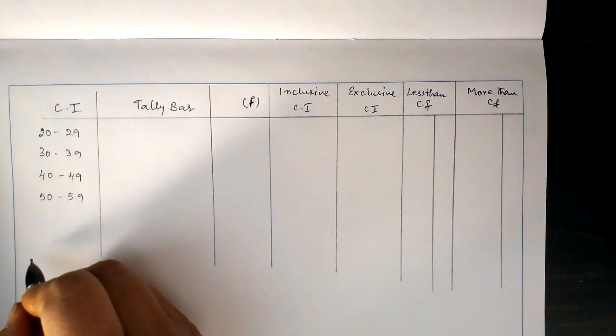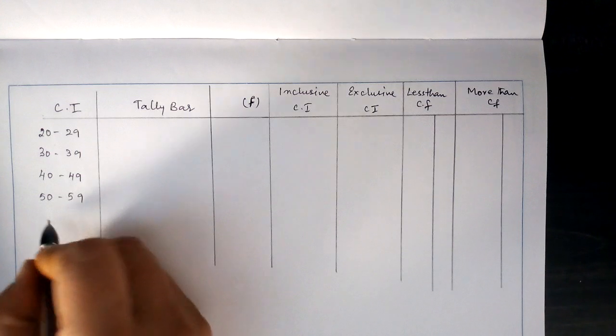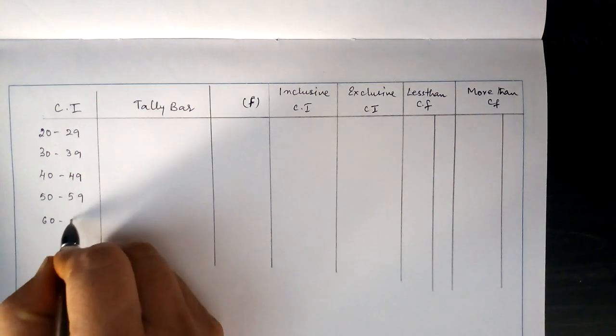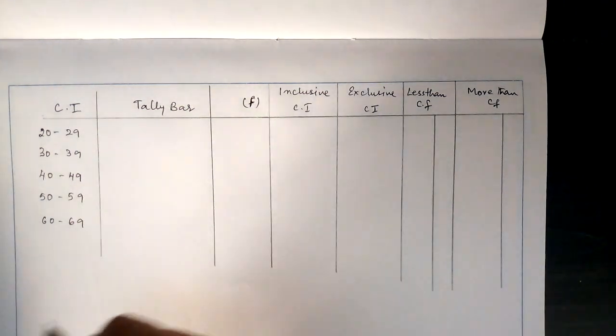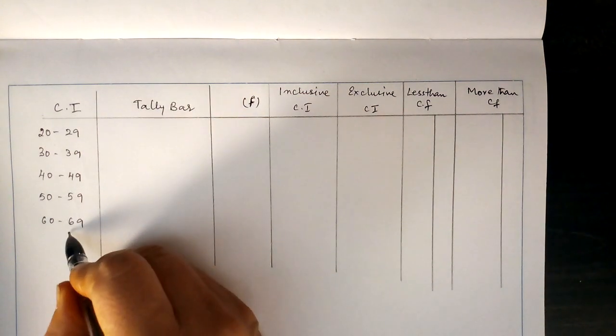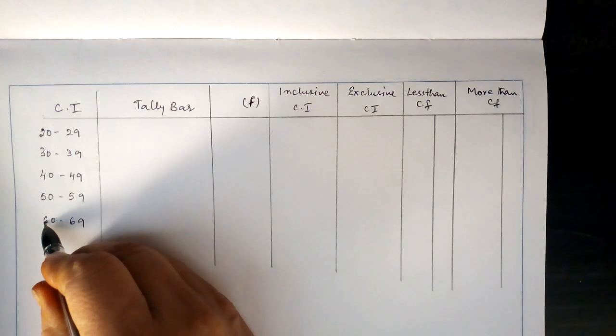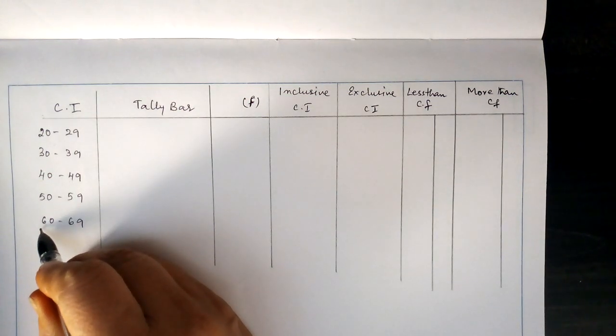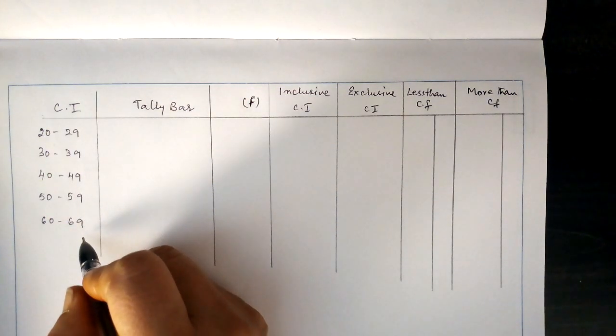The largest value we had was 69, remember? So we will have 60 to 69. Since it's an inclusive class interval, we will include the upper class limit also, as well as the lower class limit.